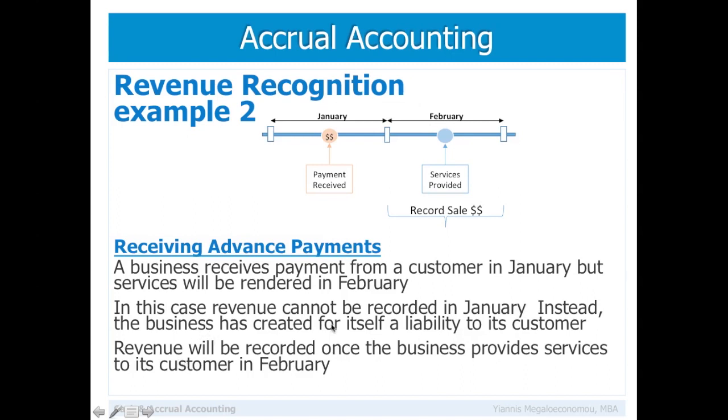So instead, what happens during the month of January, when the business receives a prepayment from a customer, is that this automatically creates a liability for the business. What is the liability? The business is obliged to provide services to the customer. So these services will be a liability until there is full delivery of service to the customer.